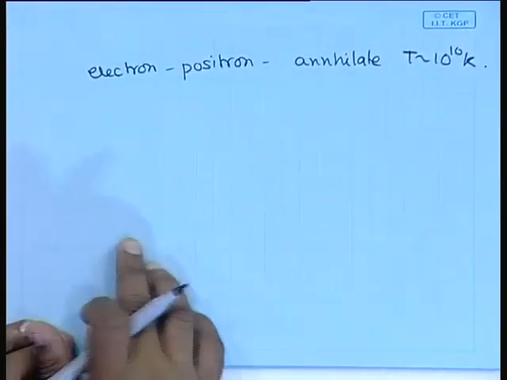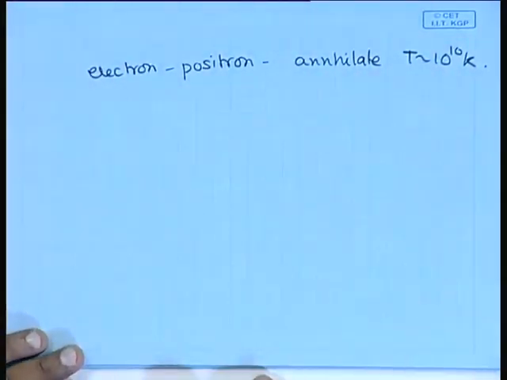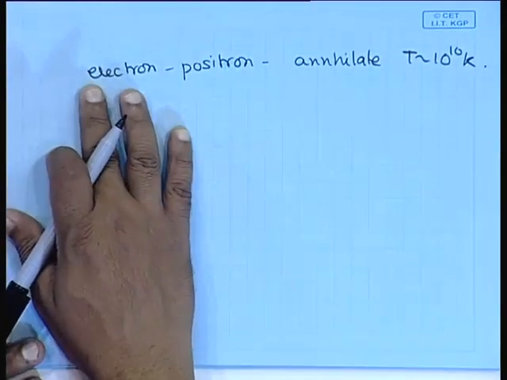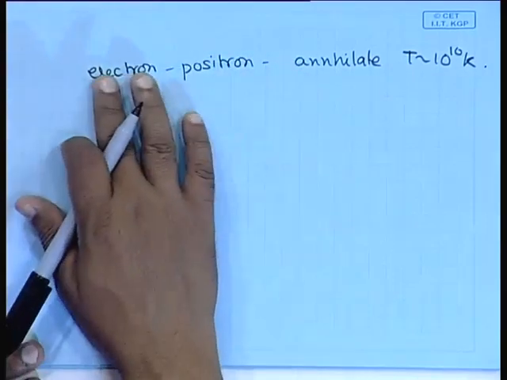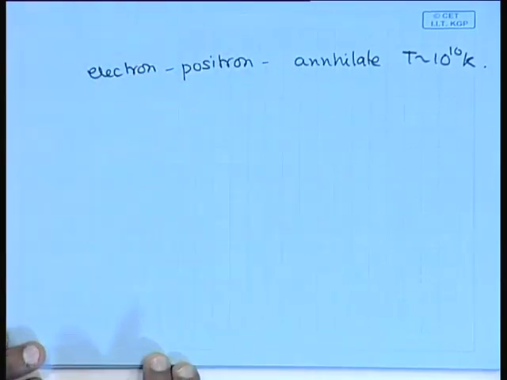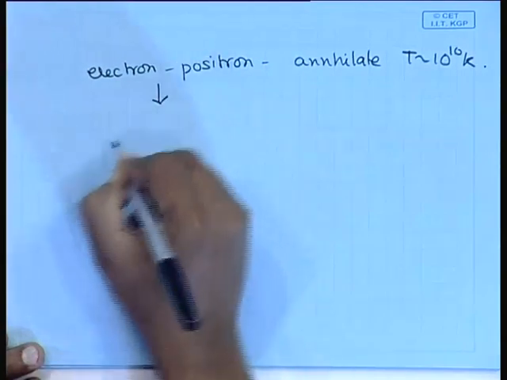And then at a slightly lower temperature afterwards, the electrons and positrons annihilate at a temperature of around 10 to the 10 Kelvin. So, after the electron positron annihilates, during this annihilation process they are in equilibrium. So, they dump their energy into the photons.